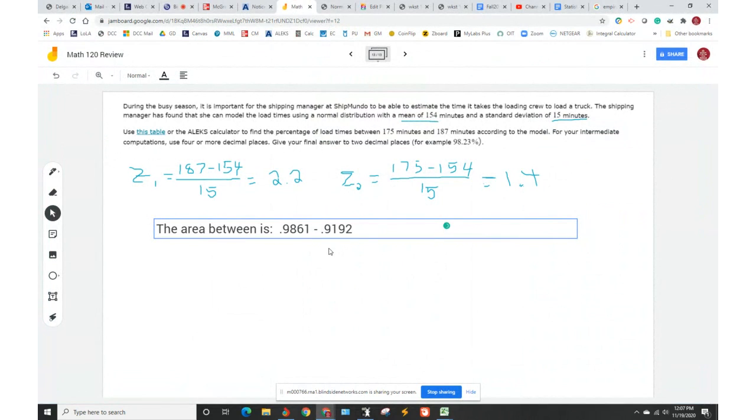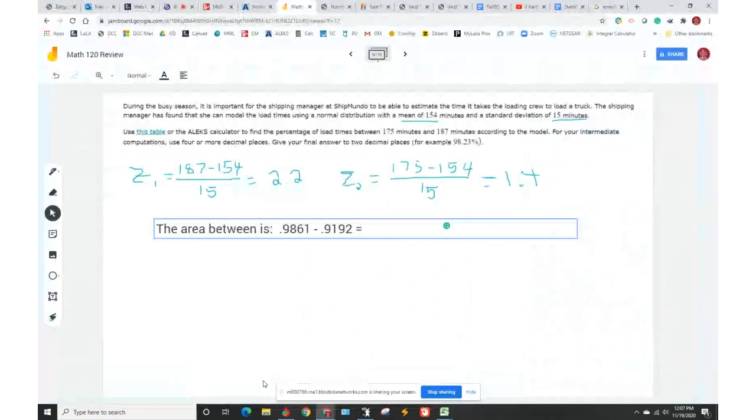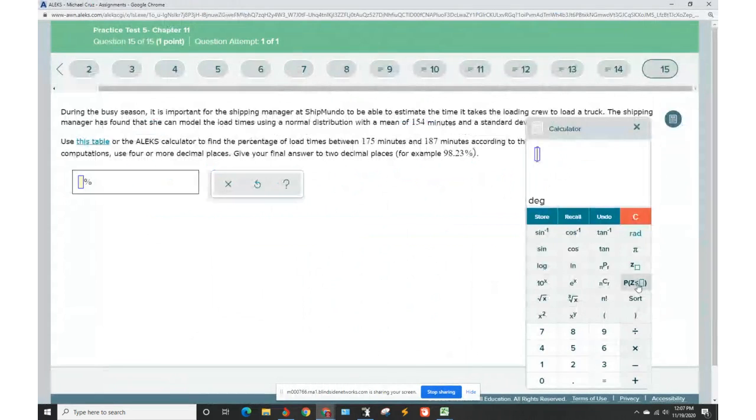All right, so let's do it on the calculator all in one swoop, and then we'll write it in too. So in order to do it by between, I want to put the larger one first, which was 2.2, and I'm going to have this page open. There we got it.